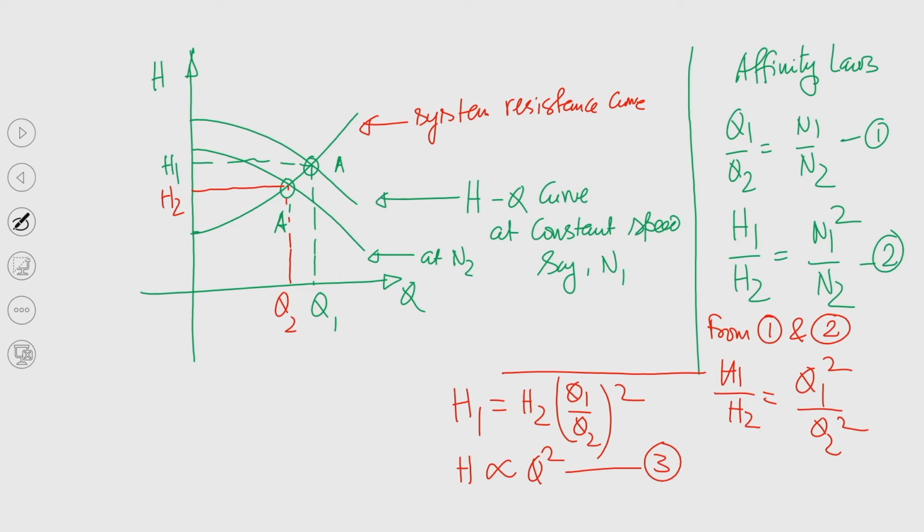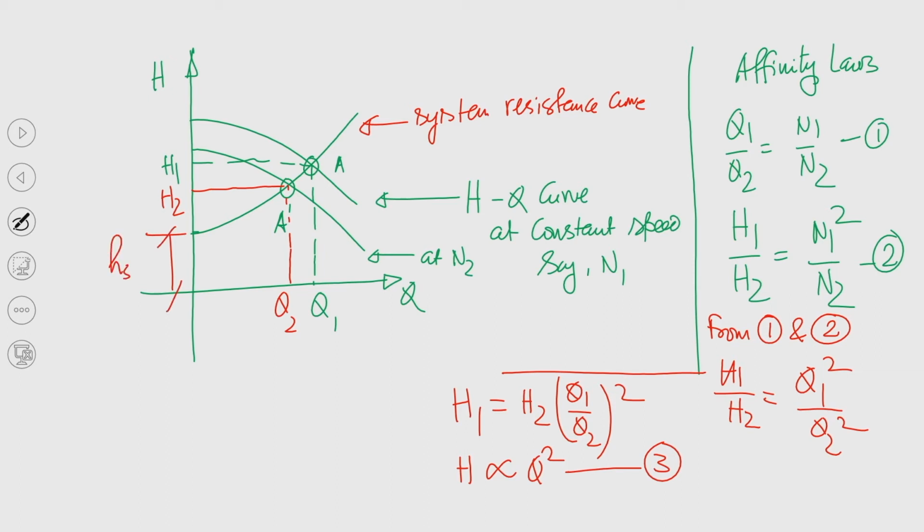What I said just 2 minutes back, all similar points which are obtained at different speeds are definitely lying on different characteristic curves, and they will follow this parabola equation. Now, you can understand from this system resistance curve, can't we say that all these points will pass through the origin if the static height is zero. This is the equation of a parabola.